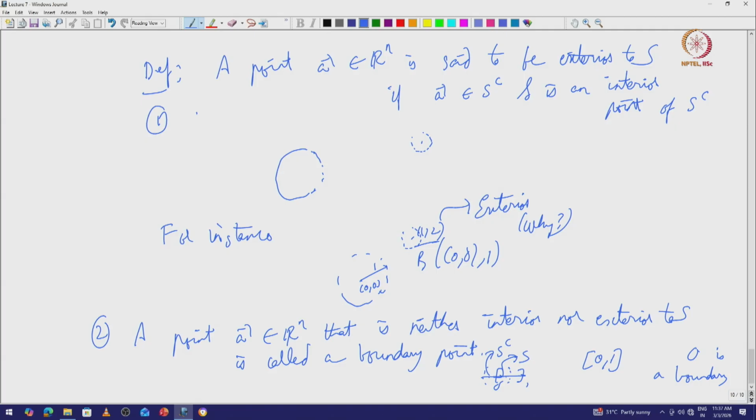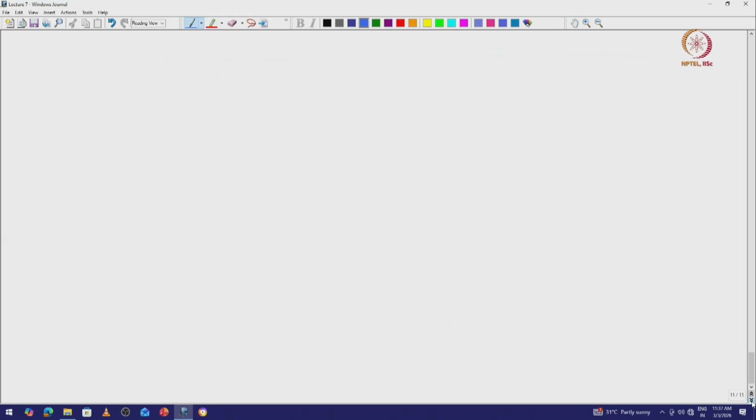There are points from within S and within S complement. So no matter how small an open interval you choose, it's not completely contained within S or within its complement. So those are boundary points.